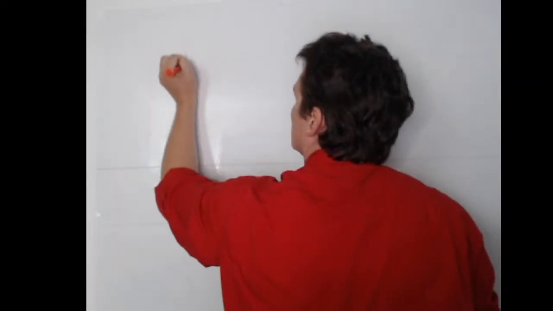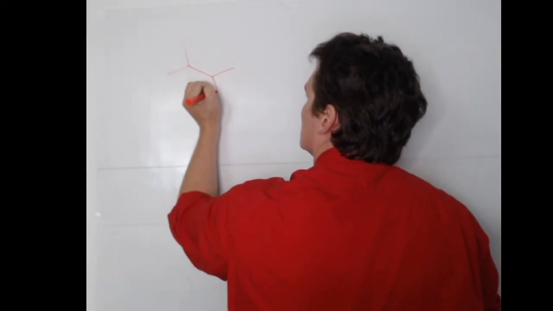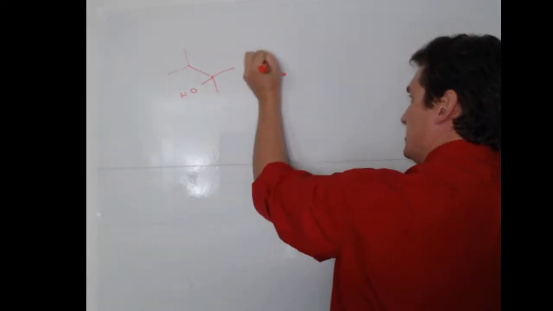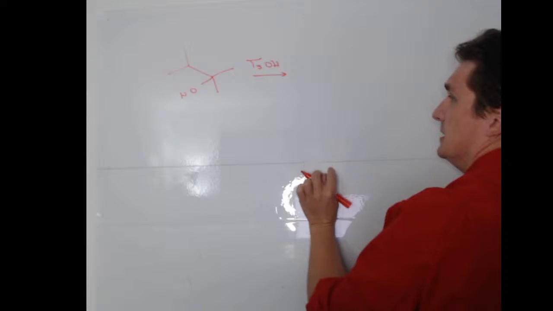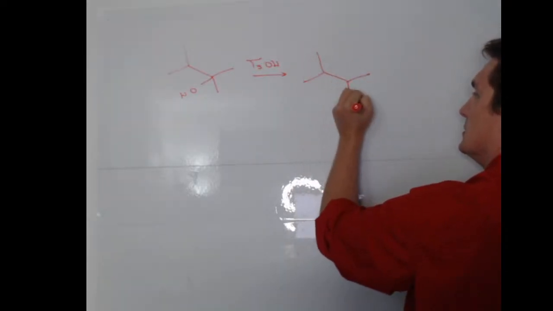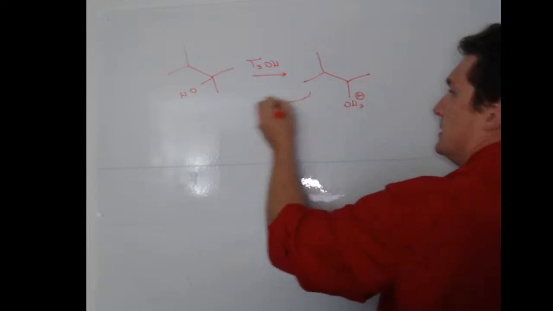so the starting alcohol here. Basically your TsOH is just a hydrogen source. You're going to create that structure.